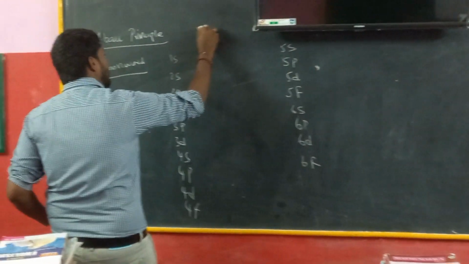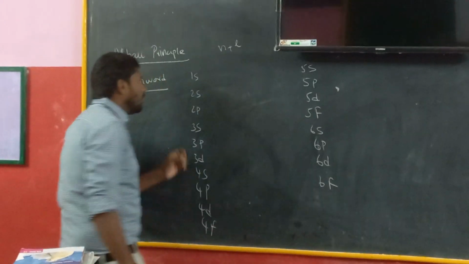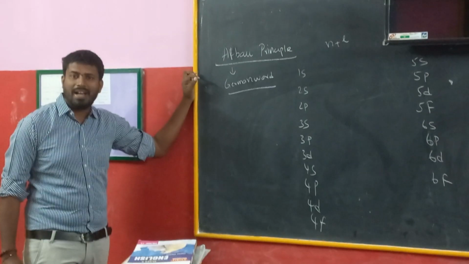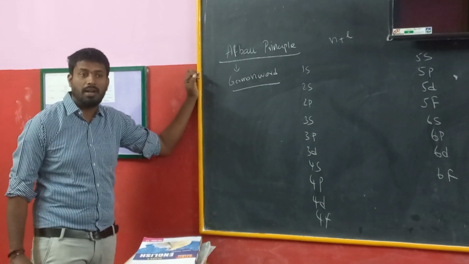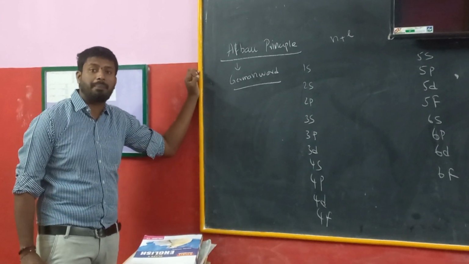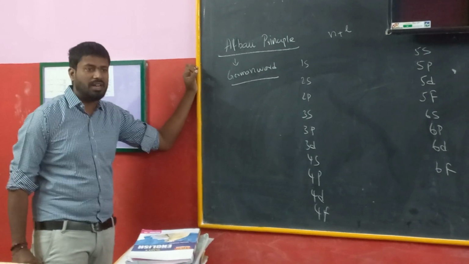Let us calculate the n plus l value. The electron always enters the orbital which has the minimum n plus l value, the lowest n plus l value.